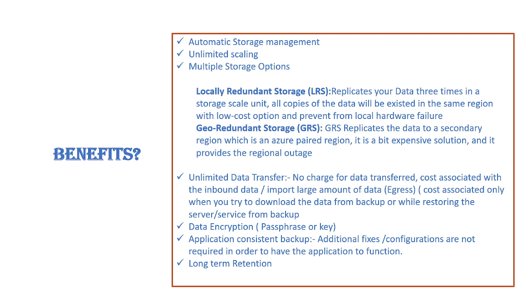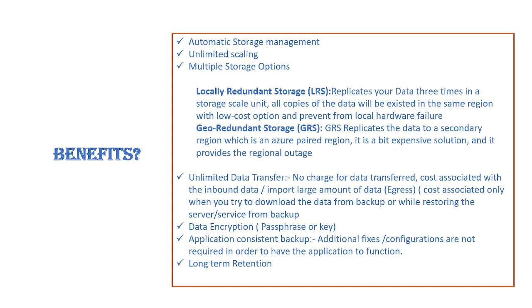So here the primary region is Western Europe. You are taking the backup here and pushing one copy to Northern Europe. That is called writing. When a disaster happens, you are reading from there, importing from Northern Europe to the Western Europe region.